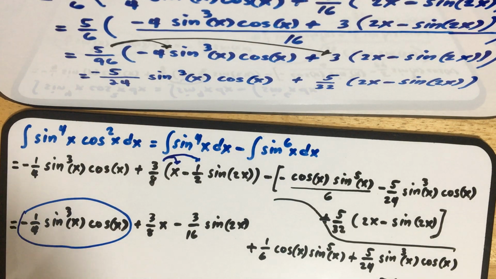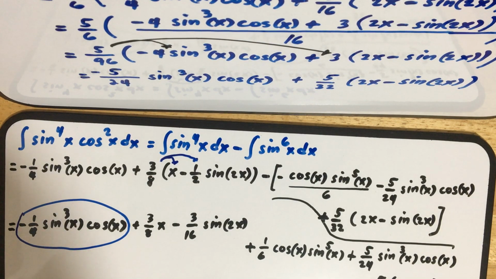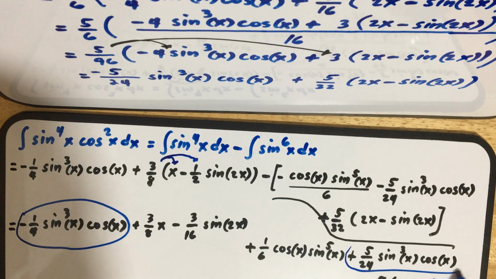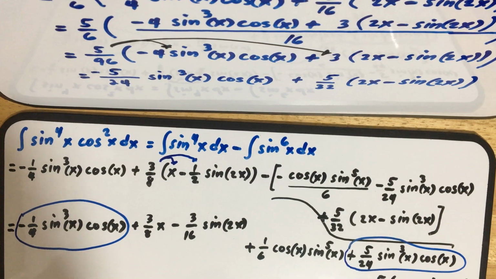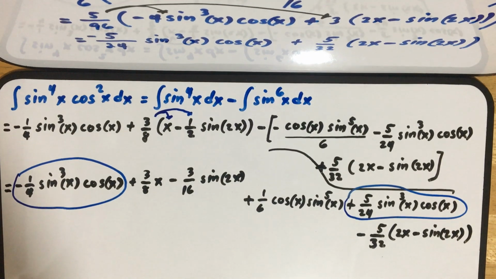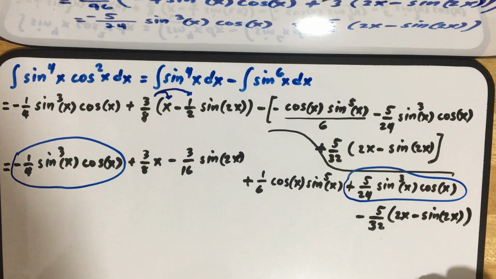Okay, so we can combine this and this term. How to combine them? You just combine this minus 1/4. Now we have minus 1/4, then we have plus 5/24.